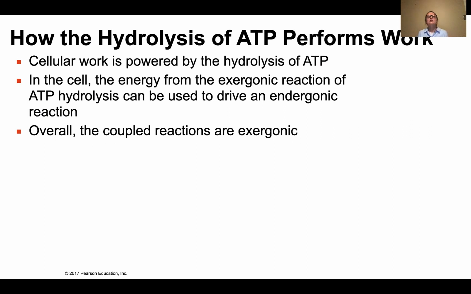So how does this hydrolysis of ATP actually perform work? Well, the energy from the exergonic reaction of this hydrolysis is used to then drive an endergonic reaction later on. So the coupled reactions overall are exergonic, meaning they're going to happen spontaneously, but we have to have that original spontaneous reaction to drive the non-spontaneous reactions within our cells.